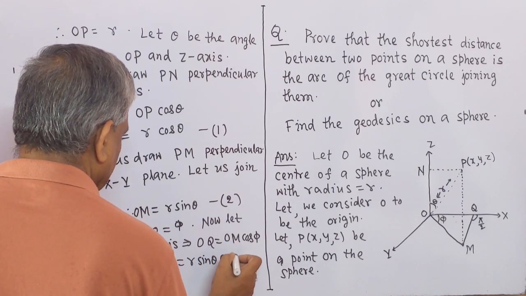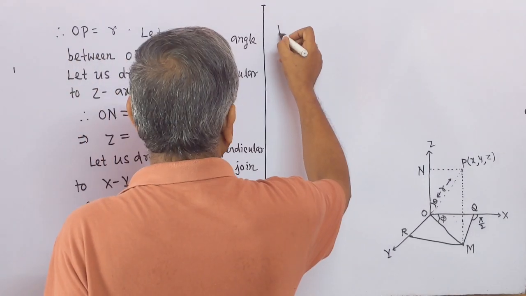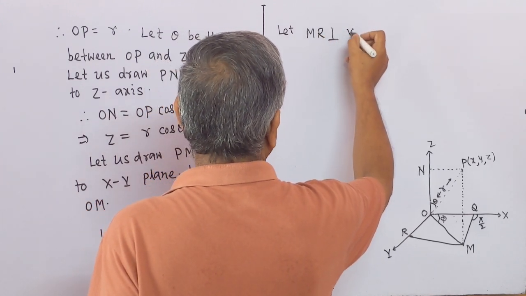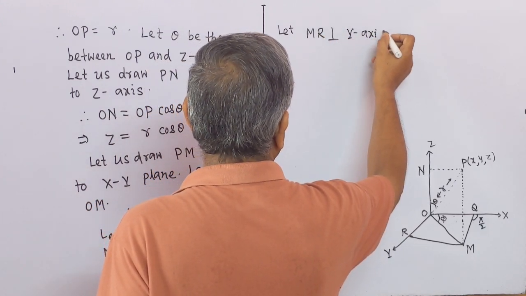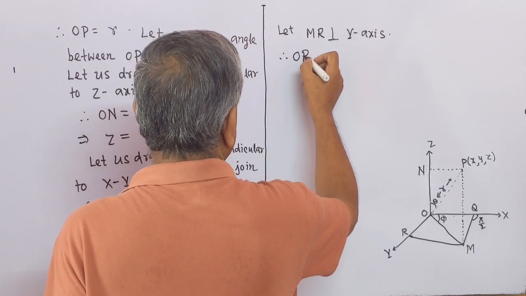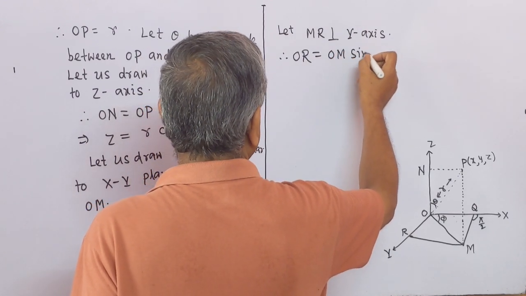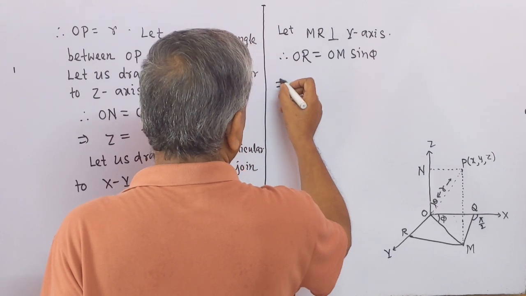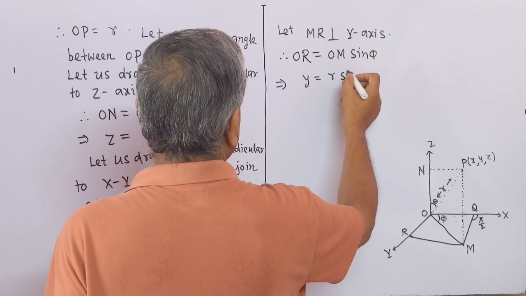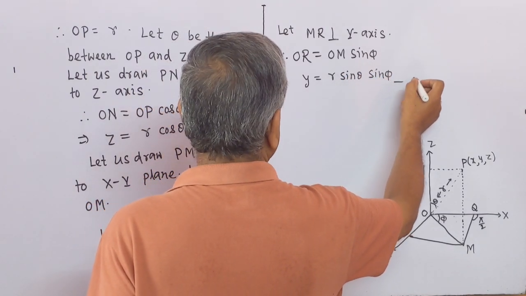This is number 3. Let MR be perpendicular to y axis. Therefore, OR equal to OM sin phi, that is r sin theta sin phi. This is number 4.